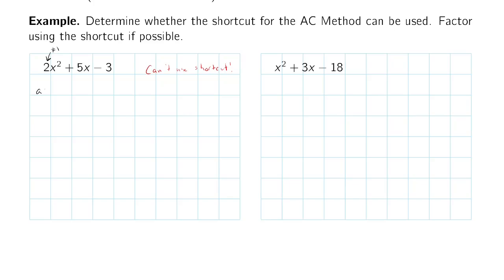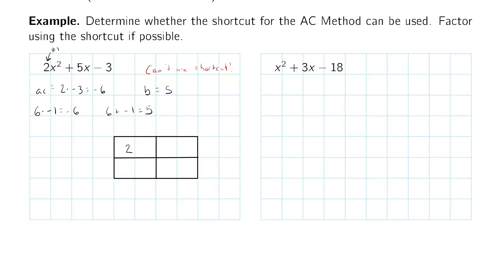Our AC is 2 times negative 3, which is negative 6. Our b is 5. With a little trial and error, we see that 6 times negative 1 is negative 6, and 6 plus negative 1 is positive 5. And so we'll use 6 and negative 1 to split up the middle term.